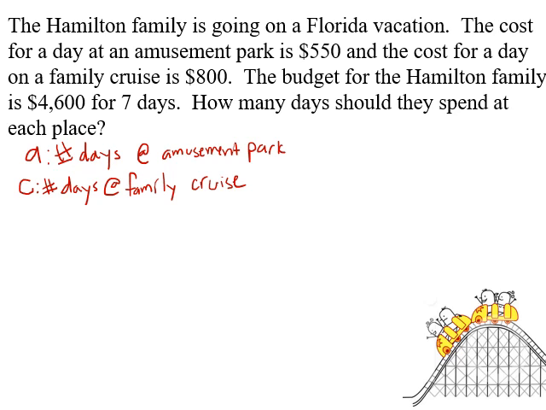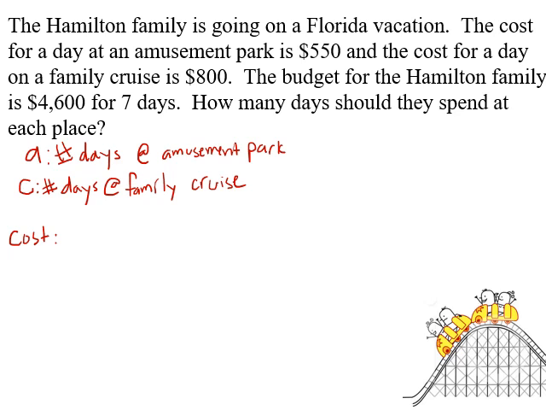Now there are 2 things happening here. First of all, I see money. So I know there's going to be some sort of equation for the cost. Remember, if it's $550 per day at the amusement park, if I went there for 2 days, I would multiply that by 2. But we don't know how many days it's happening yet.